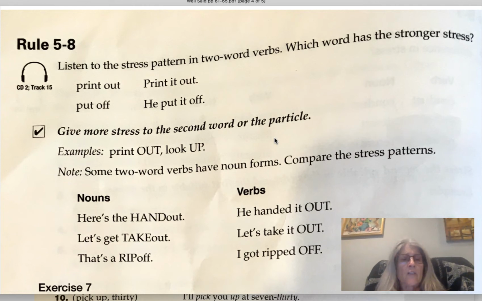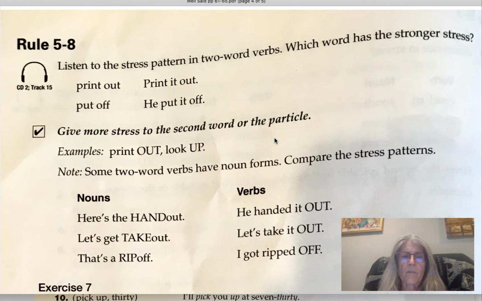Okay. So let's take a look at some two-word verbs that have noun forms. And I will tell you print out is one of them, okay? Compare the stress pattern. Let's look at the nouns. Here's the handout. He handed it out, okay? Or will you hand this out for me? How about, let's get takeout. So that's something you pick up from a Chinese restaurant or a Mexican food restaurant or any restaurant really. It's called takeout, right?